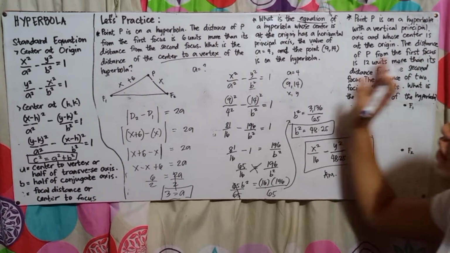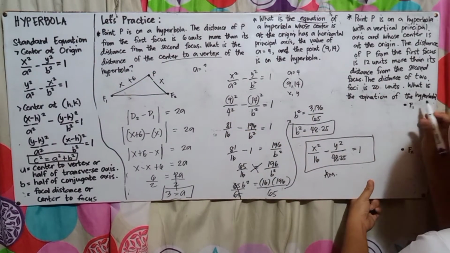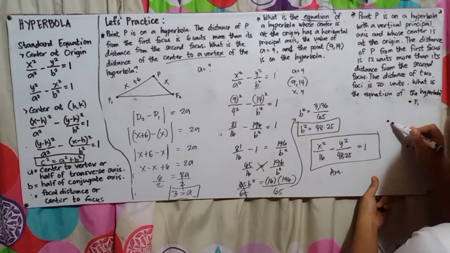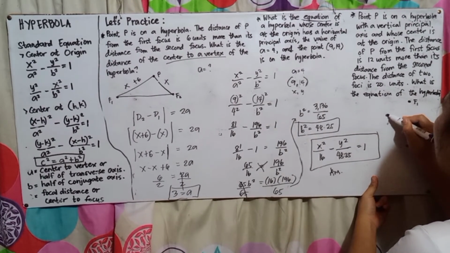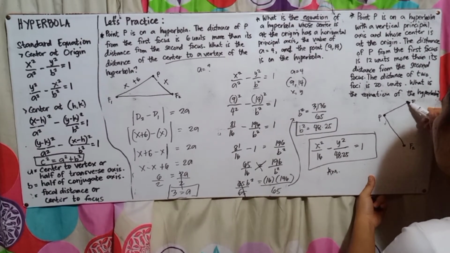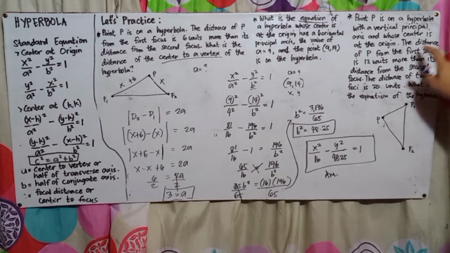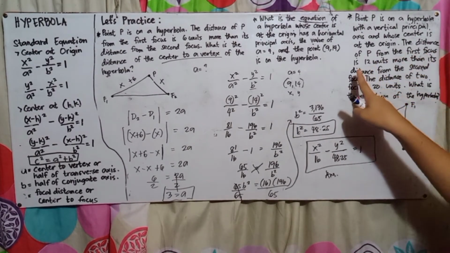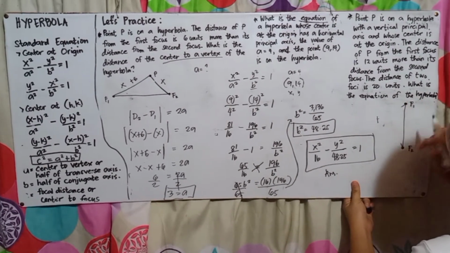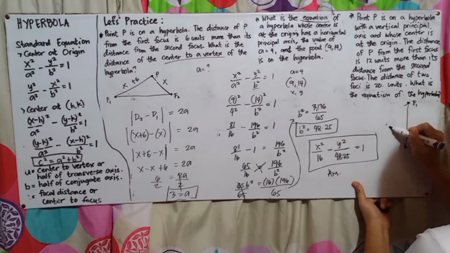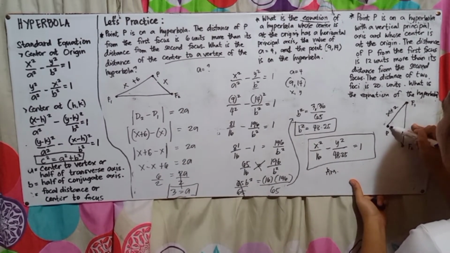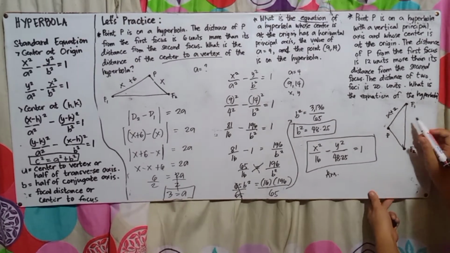It is almost the same problem as before. So the distance of P from the focus is 12 units more than the other. The illustration was wrong; the point may be here. One distance is x plus 12, and the other is x.